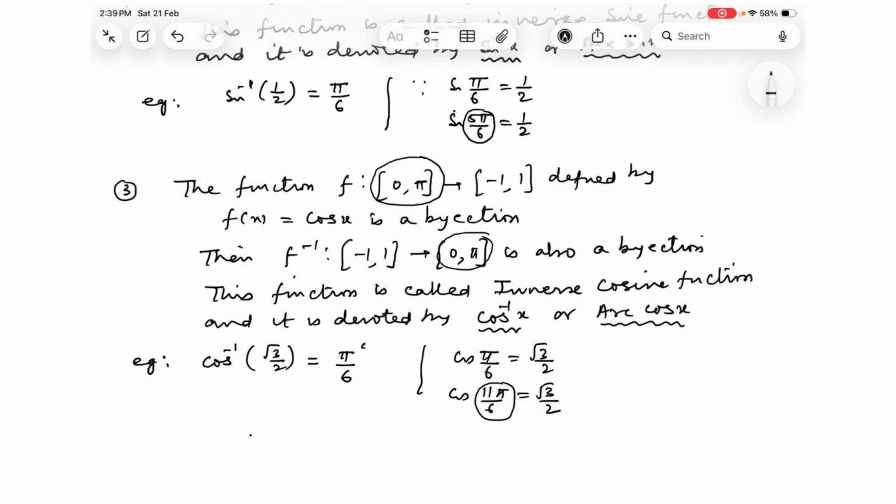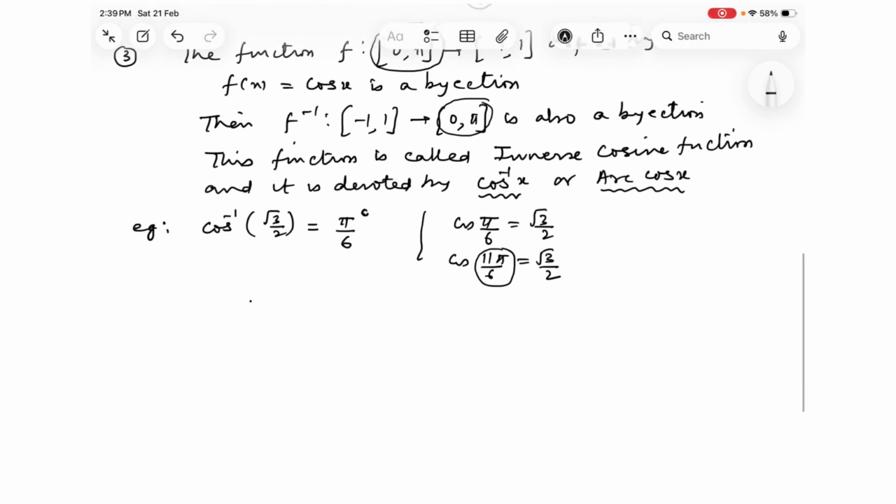Therefore, we write it as only pi by 6 radians. Very, very important point. Because earlier discussion we had what is cos inverse of root 3 by 2. So therefore, there we wrote only pi by 6 but not 11 pi by 6. Very, very important point.